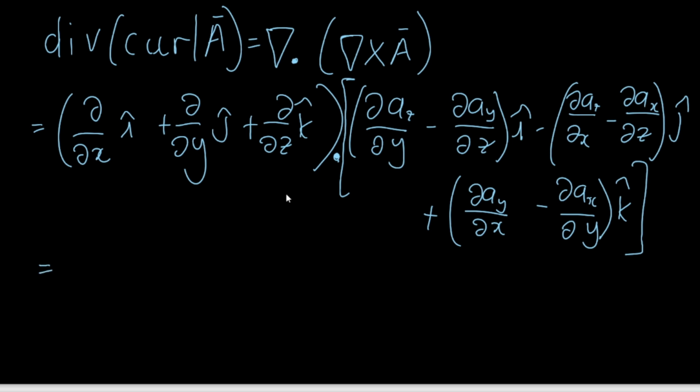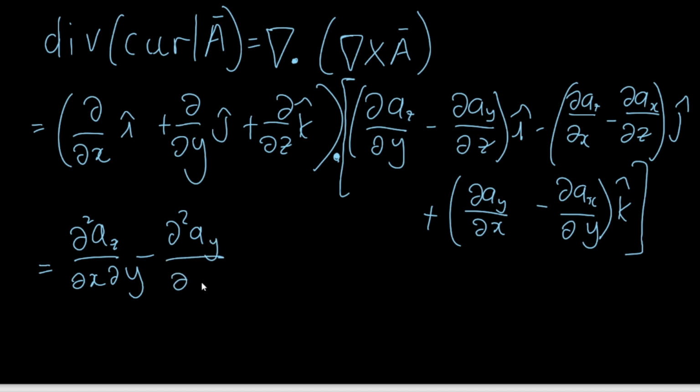And when we do this, we find that we get the second derivative of Az, firstly with respect to x, then with respect to y, minus, that's the minus there, times ∂x of this term here now, ∂Ay/∂z, firstly with respect to x, then with respect to z.